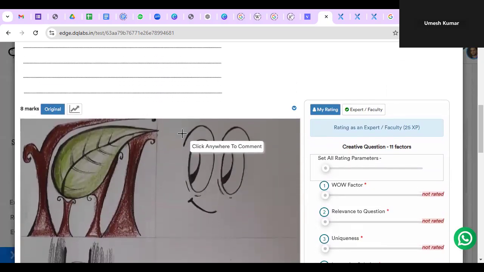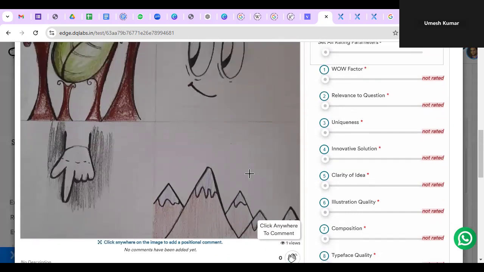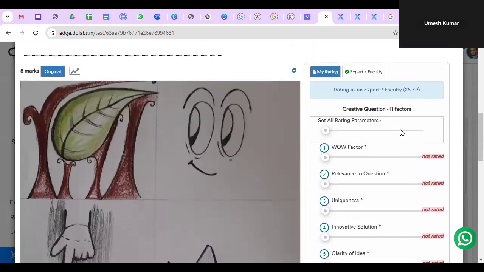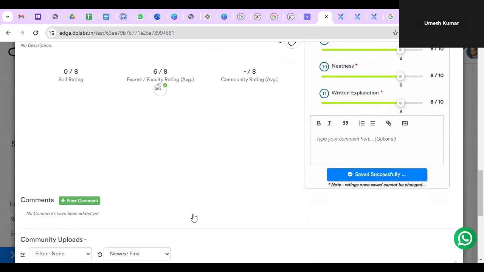The leaf pointing that side, this guy looking this side, hand pointing down, and mountains pointing up. That's pretty cool. That's good.